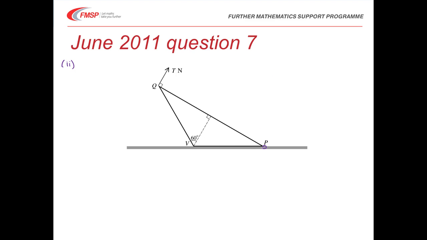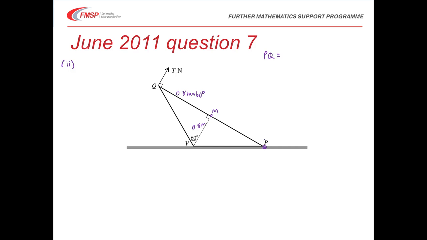First of all, I realise I'm going to have to take moments about P, so I'm going to need to know the distance PQ, because that's the distance to this force T. So what's PQ? I can work it out because the distance VM is 0.8, and given I know the angle 60, that means that MQ is 0.8 tan 60.